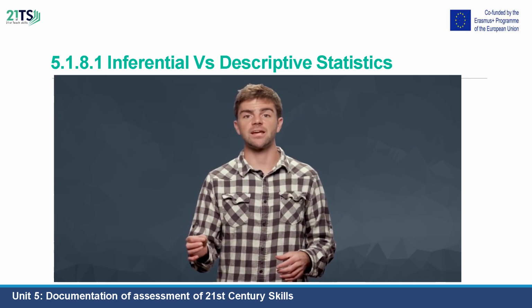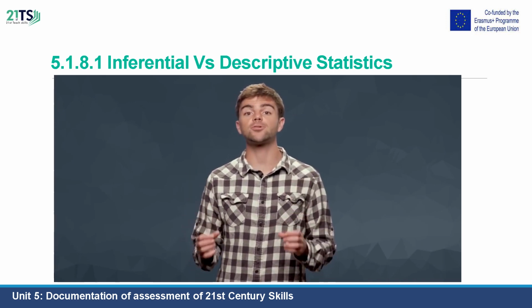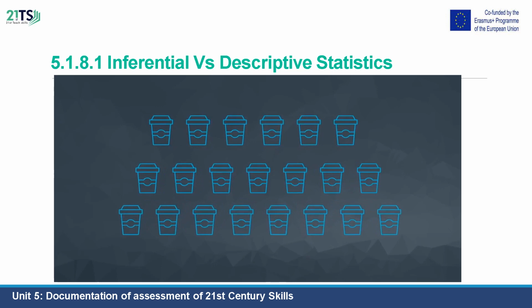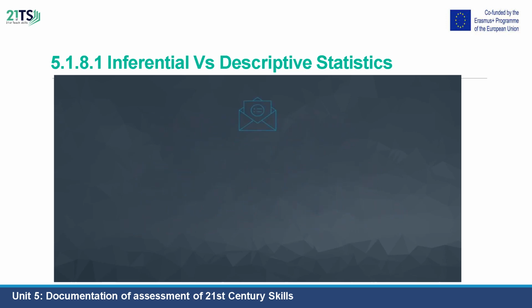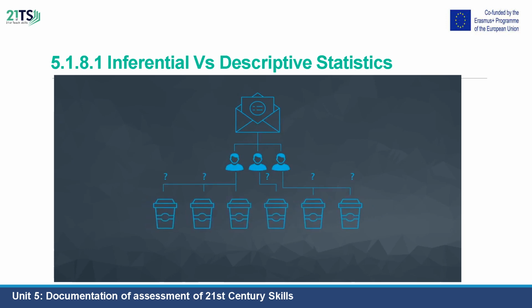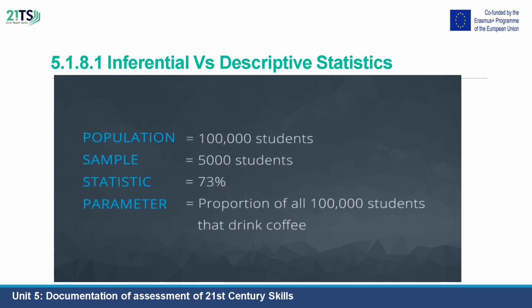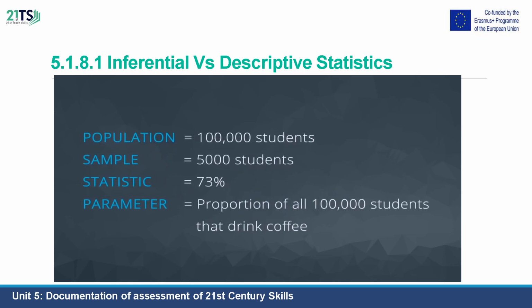Imagine I want to understand what proportion of all Udacity students drink coffee. We know you're busy, and in order to get projects in on time, we assume you all must drink a ton of coffee. I send out an email to all Udacity alumni and current students asking the question, do you drink coffee? For purposes of this exercise, let's say the list contained 100,000 emails.